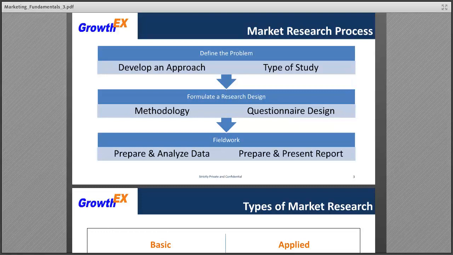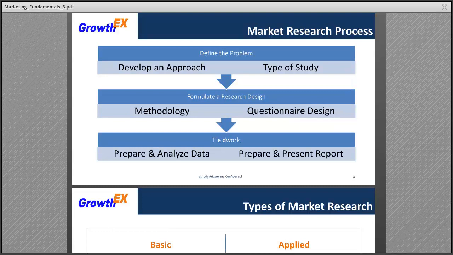A study could be exploratory in nature, descriptive in nature, or causal in nature. So it depends upon the type of the problem whether you need to go for an exploratory, descriptive or causal type of study.